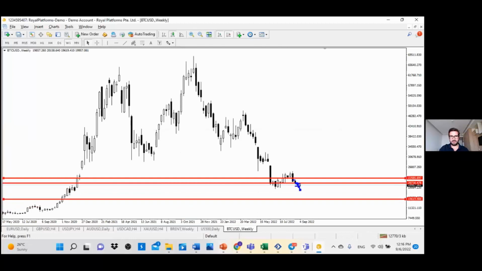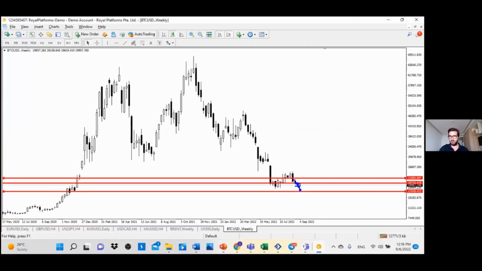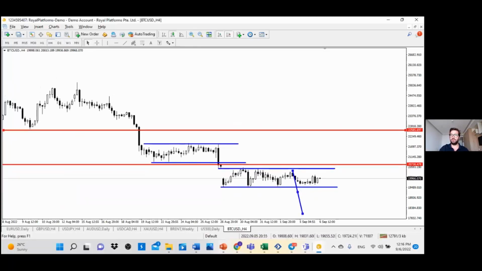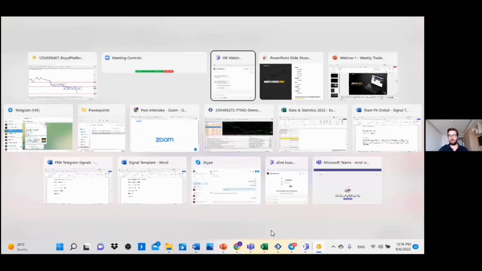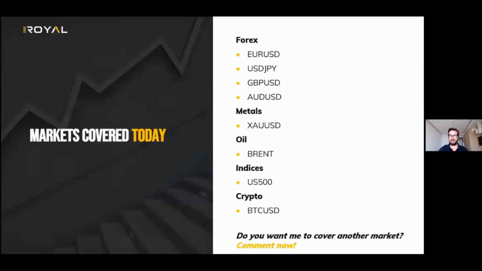I use this as the new key support level. This low here, we have a low. Okay, so the market most probably will continue its move to the downside, and the BTC will reach the 17,500 mark. So this is it for our weekly update.